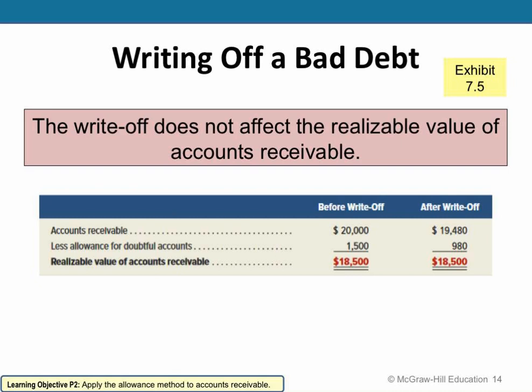Once we subtract $520 from both, we'd have $19,480 for the gross amount of accounts receivable still on our balance sheet, minus $980, which is what's left in that allowance for doubtful accounts, which is going to leave us that same $18,500 as the net amount, which makes sense. The only thing that's changing is that before, we knew $1,500 worth of write-offs were coming, we just didn't know from whom. Now we know $520 of that $1,500 where it's coming from, if our estimates are correct.